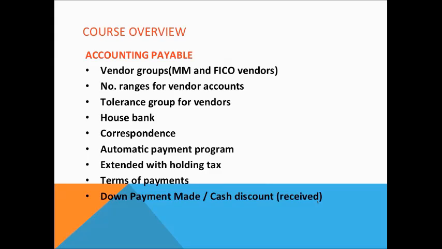And the second area is logistics. Logistics is the largest module of the 3 functional areas. It includes sales and distribution, production planning, material management, warehouse management, quality management, environment, health and safety.